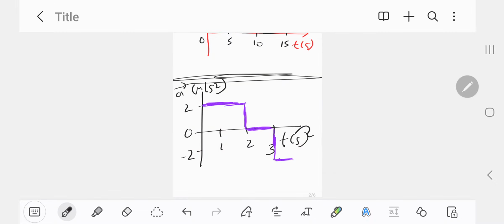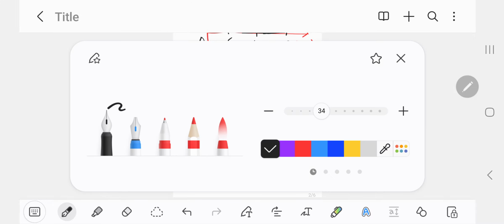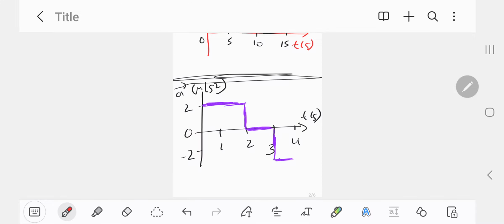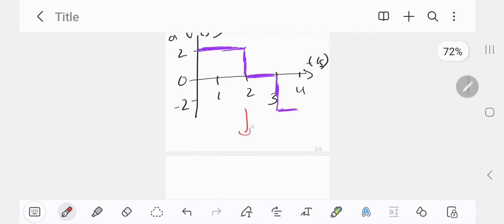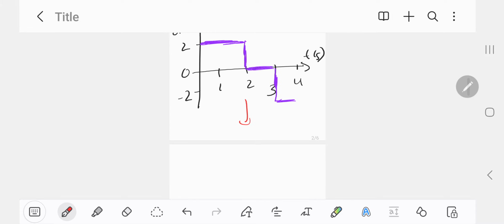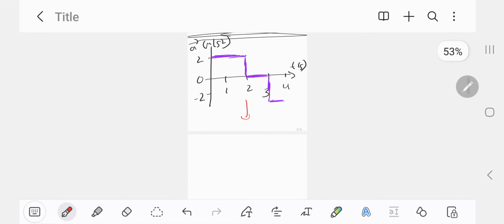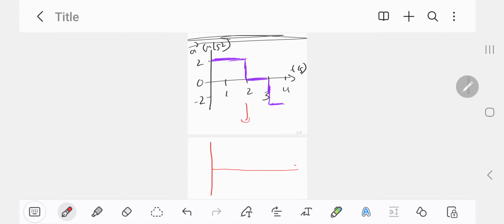I'll put 4 seconds as well. Okay, how do I go from here to a velocity time graph? First of all, let's draw a sketch. Time, seconds, V, meters per second.